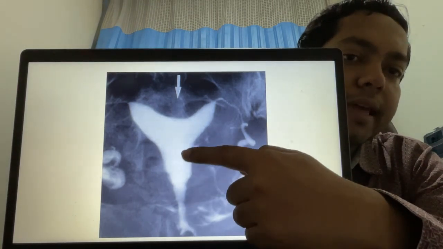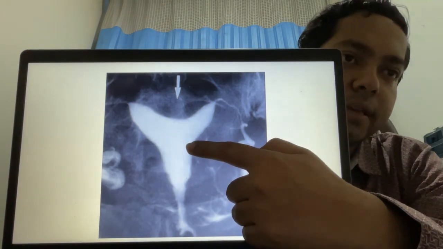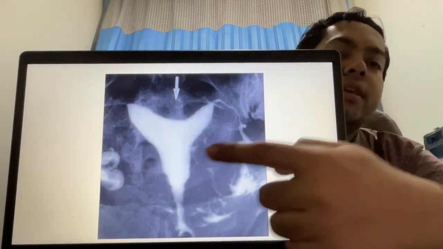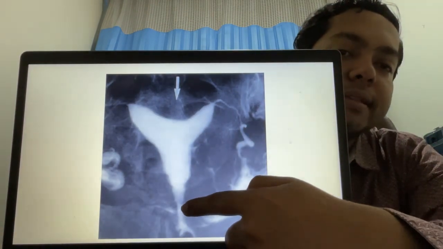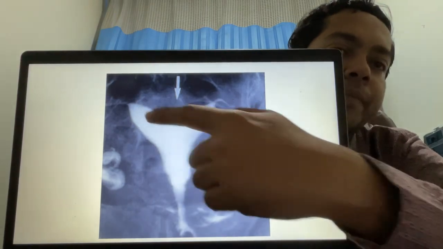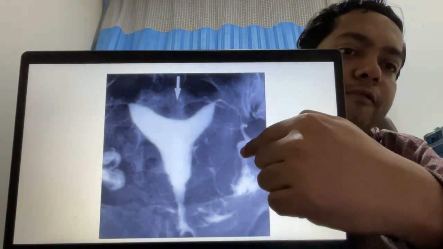Now what is the dye? Rhinographin dye is injected into the uterus, and this is the cervical canal and this is the uterine cavity. Now this uterine cavity is followed by bilateral fallopian tubes.